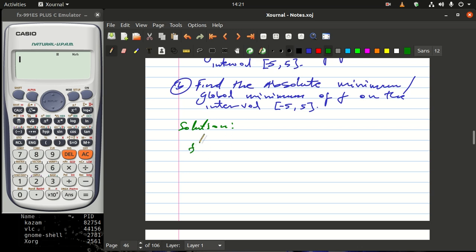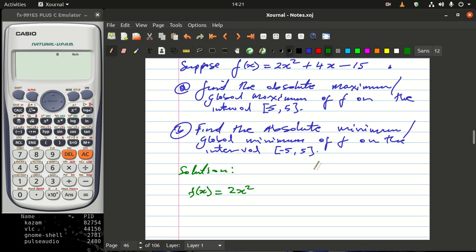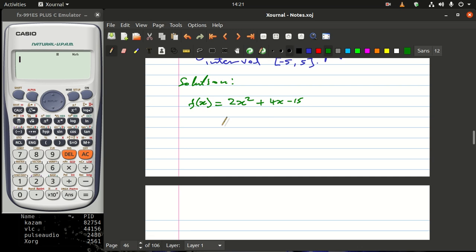So I still have f of x is equal to 2x squared plus 4x minus 15. So that is actually the function. So step one is we wanted to find the critical numbers and their output. So you first find the first derivative with respect to x of this function, and then when you're finding the first derivative, you will end up having 4x.